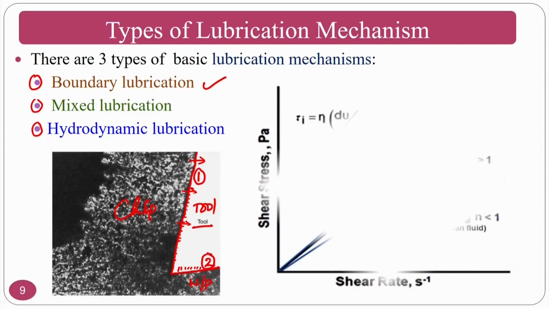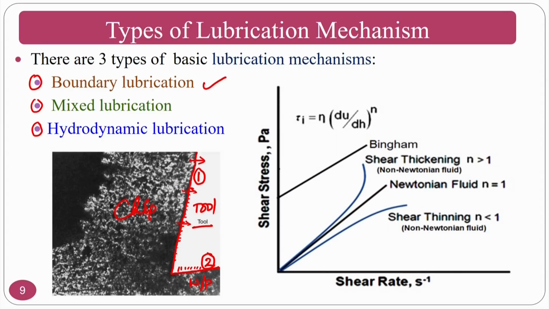Okay, so for that purpose we have many types of fluids, that is called shear thinning fluids, Newtonian fluids, shear thickening fluids, and Bingham plastic fluids. These are the fluids. Okay, so how do we define all these fluids is one thing.